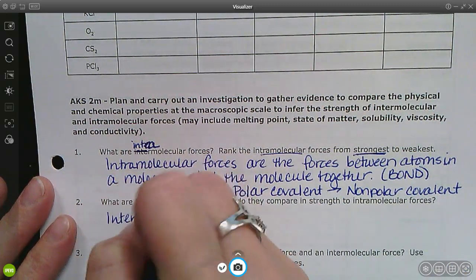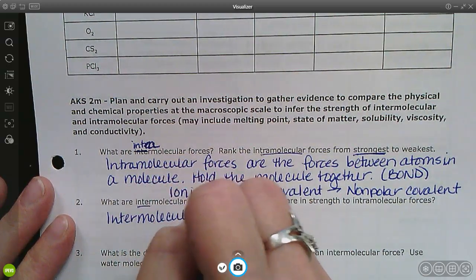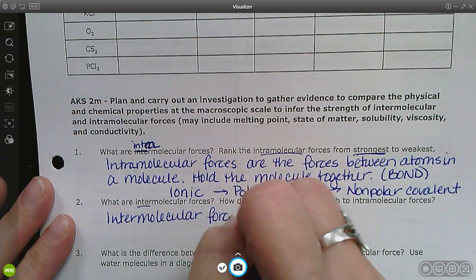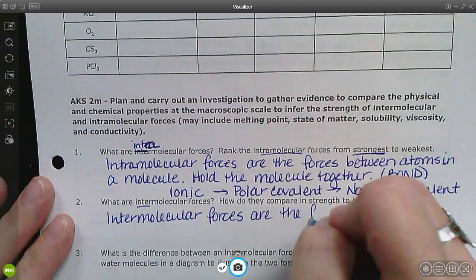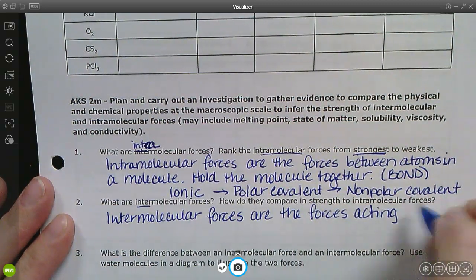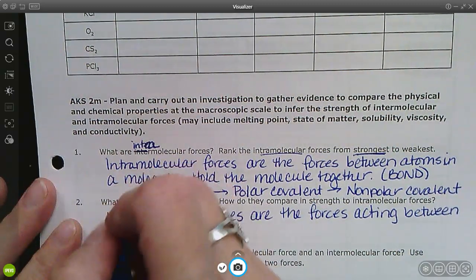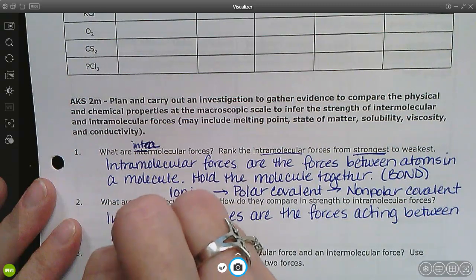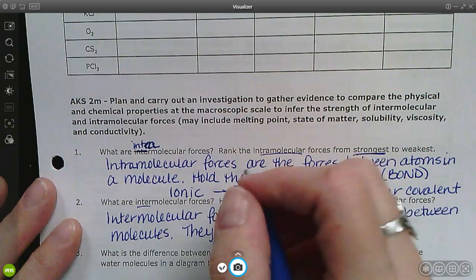Intermolecular forces are forces between molecules. And they are weaker.